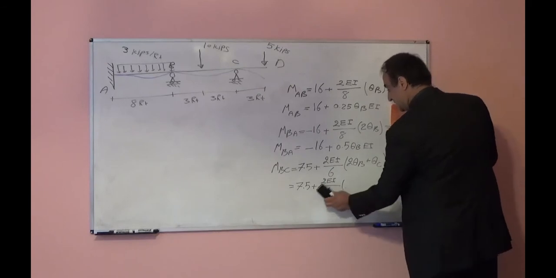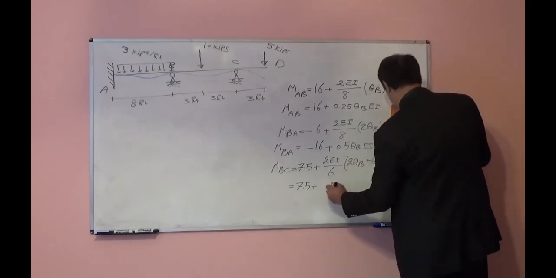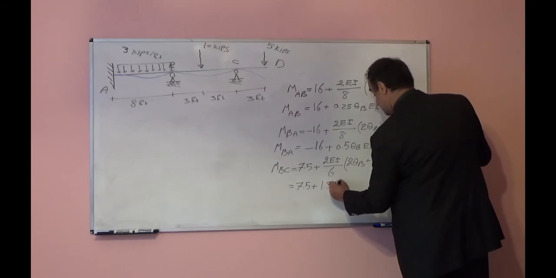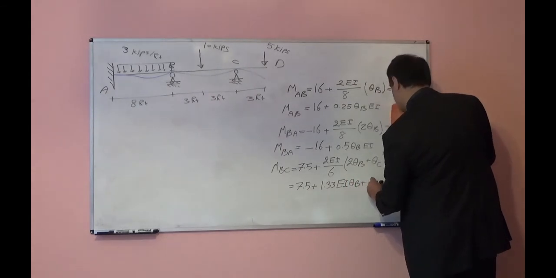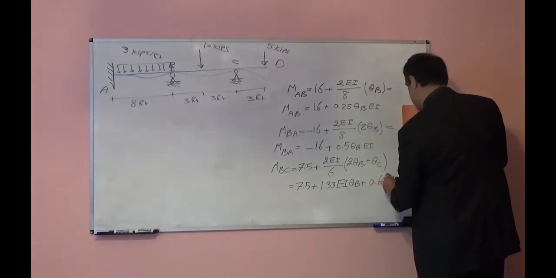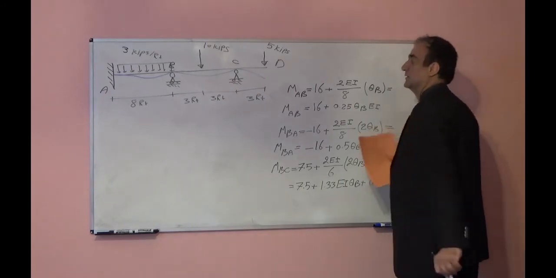Let's simplify this, 2 EI over 6. I can write 1 EI theta B plus 0.66 EI theta C.